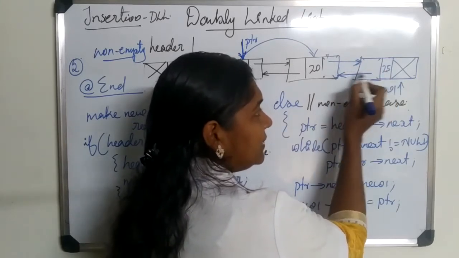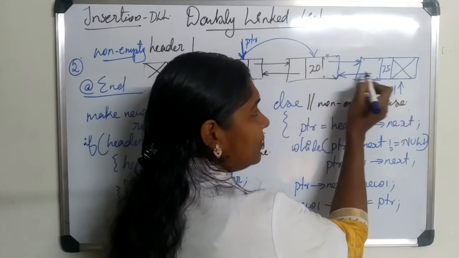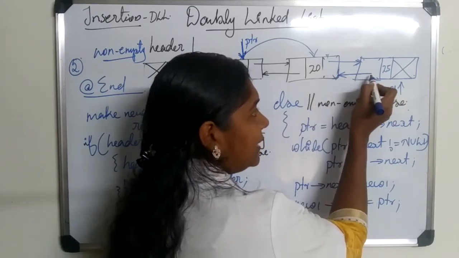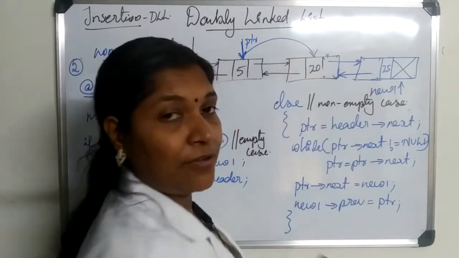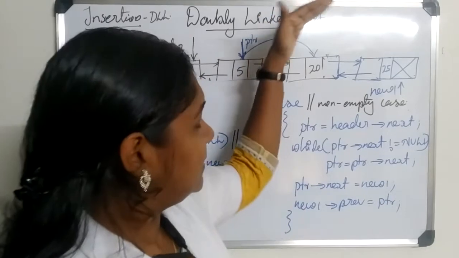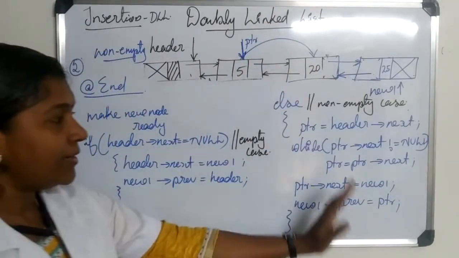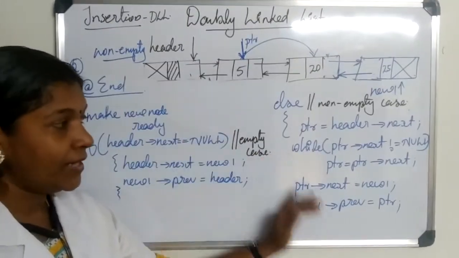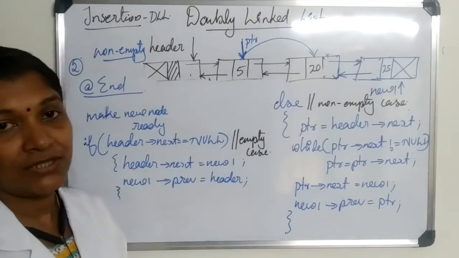Okay, and the previous link also should be pointed like this. It should stop at the beginning of this part and it should start from inside of that previous link part. Okay, and this is the pictorial representation and the pseudo algorithm for insertion of a new node at the end of a doubly linked list.